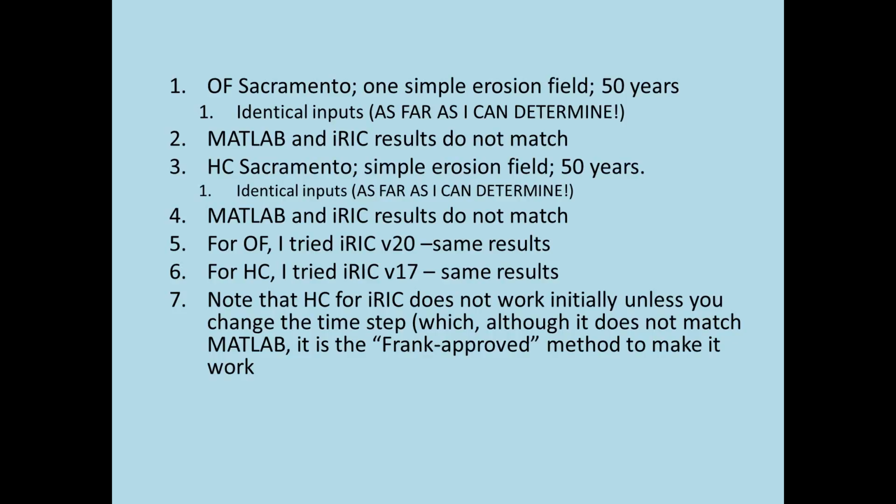Wondering if there'd been some change in the code recently in iRIC, I went back and ran for Ord Ferry. I tried version 20. We're now on version 25, so I went back to the old version, but it gave the same differing results. For Hamilton City, I tried to go back even farther to version 17, but that didn't solve the problem either.